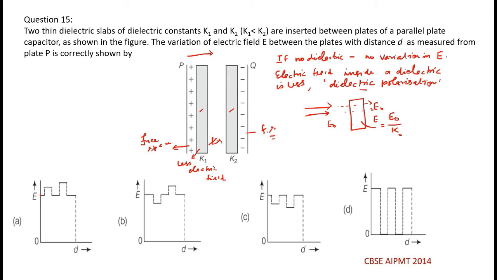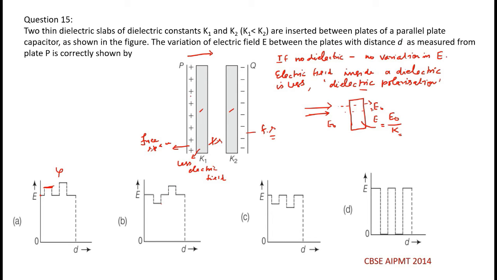Then the field increases as you go to the right side. It has to decrease, but it shows as if the field is increasing, so this is not possible. Now come to this. Of course, here the field decreases as you cross the first region. Up to this, fine.